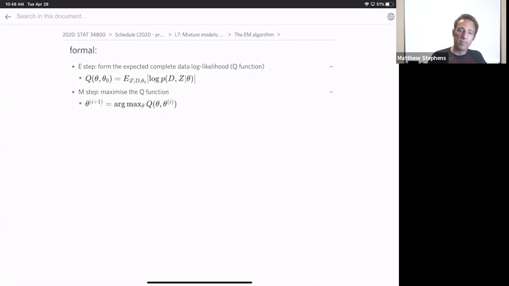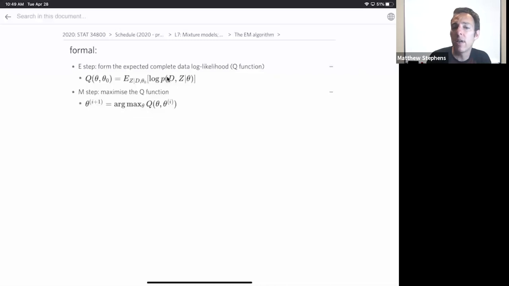This first step defines what we call the Q function, which is the expected complete data log likelihood. Look at this: the joint distribution of D and Z given theta. We called that the complete data, D and Z, before.